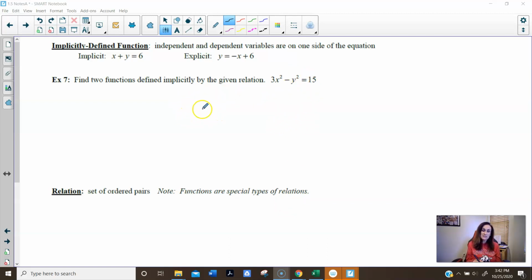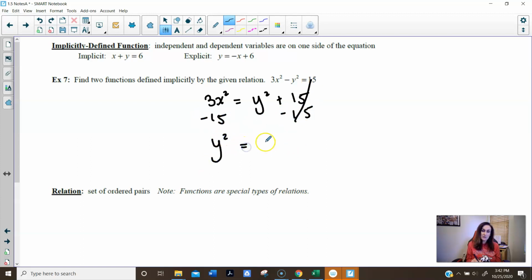So in order to solve for y, I would have 3x squared is equal to y squared plus 15. And I want to get rid of that 15. So I would subtract 15 over here. And then I have y squared equals 3x squared subtract 15.